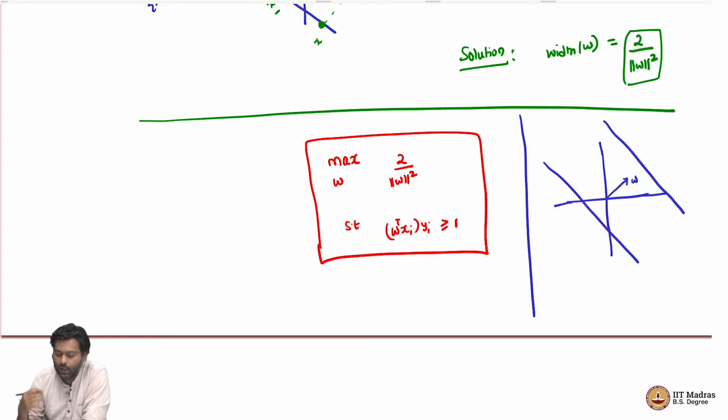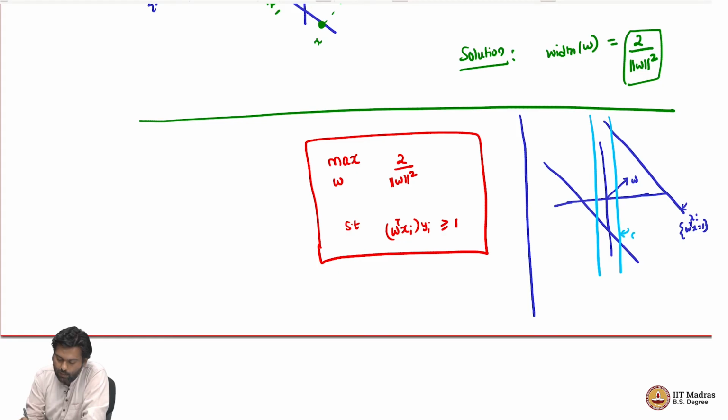Say I take a W that, with respect to a data set, gives me the equation of this line as W transpose X equal to 1 and this as W transpose X equal to minus 1. Versus, for the same data set, if I have a different W which gave me a very small width, this guy is W2 transpose X equals 1, the set of all X for a W2.